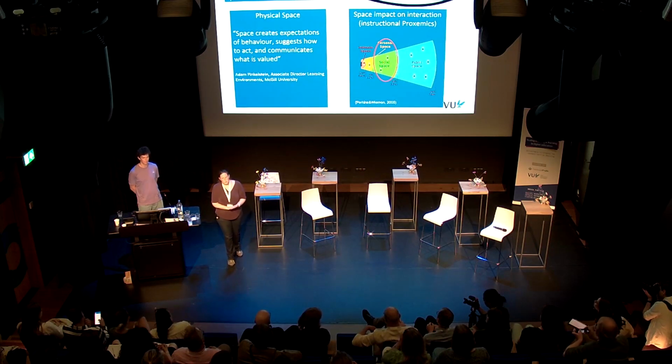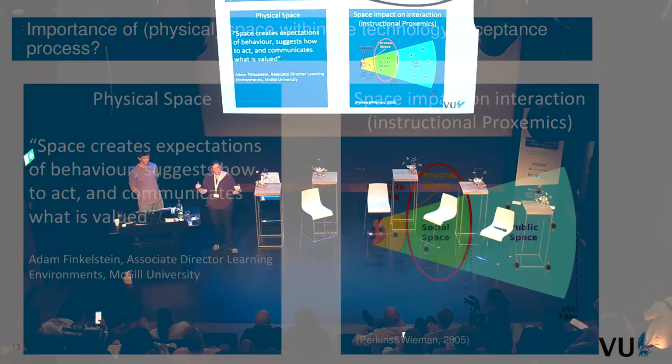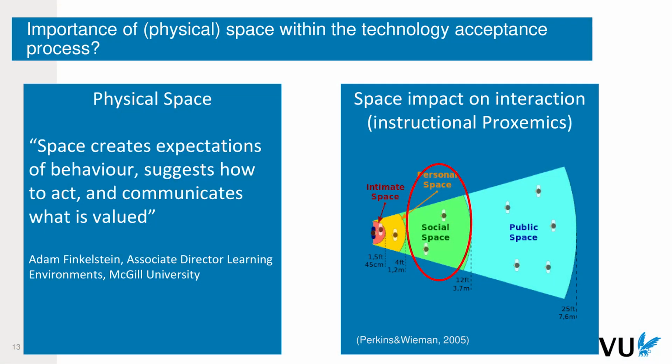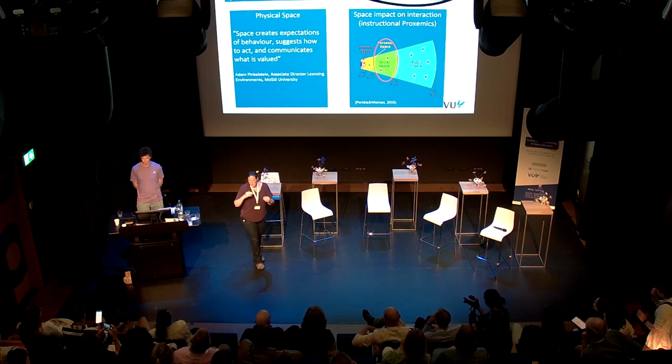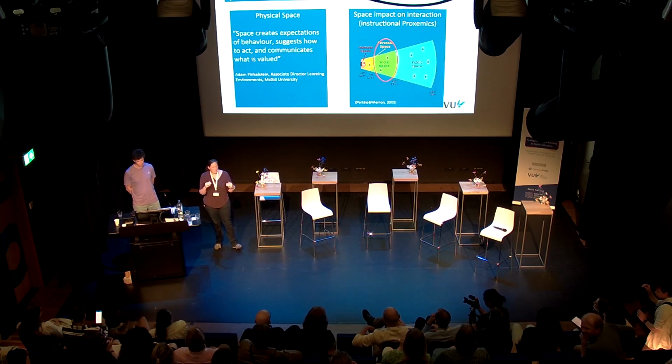The students who were sitting in the social space, in proxemics we have different space distances, the students who were sitting in the social space of the instructor, they were actually more engaged and had a higher course outcome than the students in the back. And they were randomly assigned, right? So they didn't choose freely where to sit.